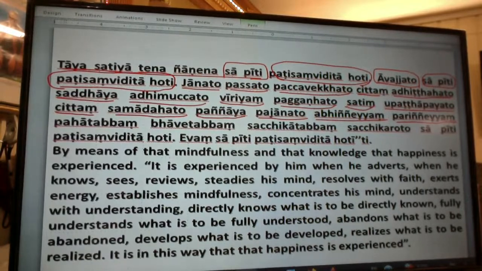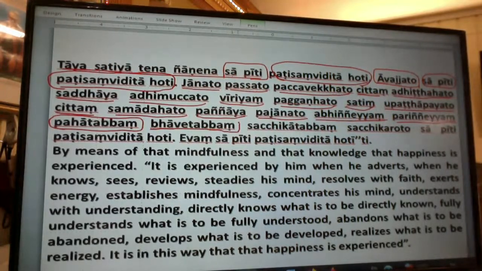Pahatabba is what we remove, the kilesa. Pahatabba is removing the samudaya satya, the kilesa. Kilesa is especially what we call samudaya satya.